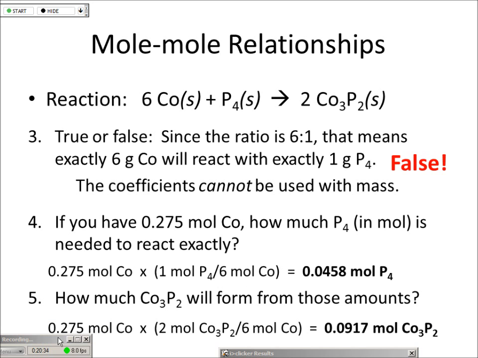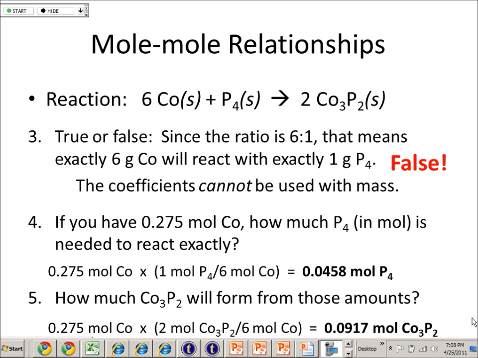So you could also ask how much product will be formed from a given amount of a precursor. So you could ask how many moles of product would be formed if we started with 0.275 moles of cobalt. What you do is you'd look at the reaction that we've balanced. It has to be balanced for this to work.